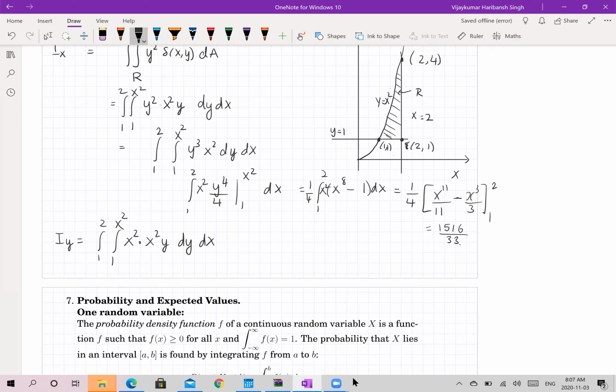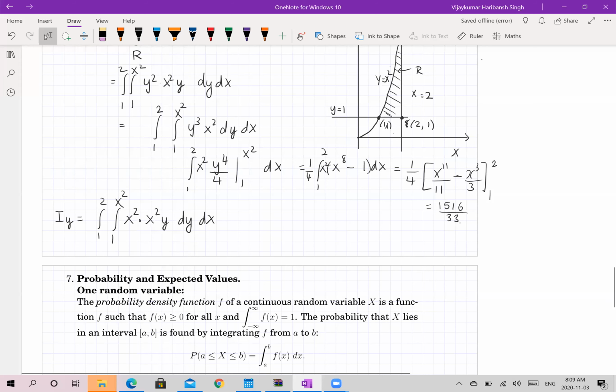And in this case, integrating y, we have x to the 4 already, and we have y squared by 2, from 1 to x squared, dx.